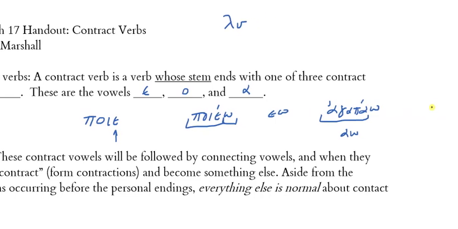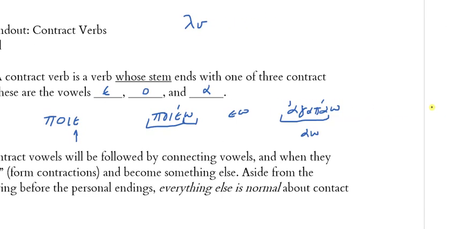And then one other verb that we're going to be spending time looking at in this chapter is plerao. It means to fill or fulfill. Plerao. What is the stem? Plere. It's got an epsilon stem, right? Alpha, epsilon, omicron. These are contract vowels. And I call those oo verbs.